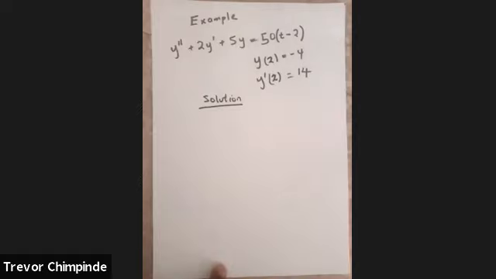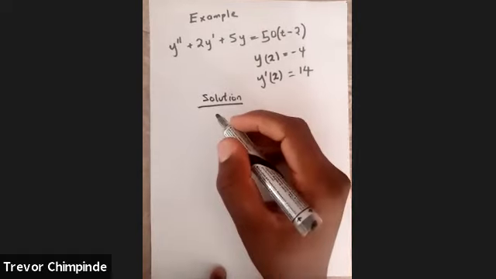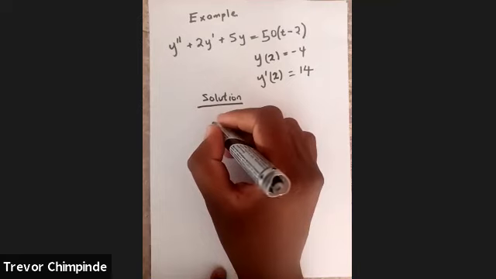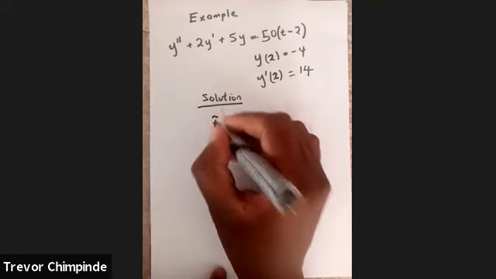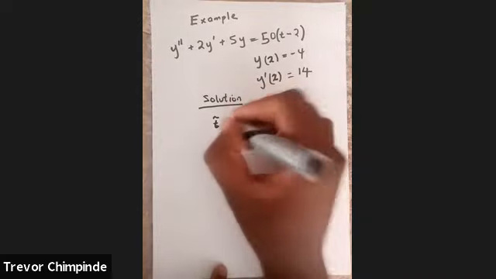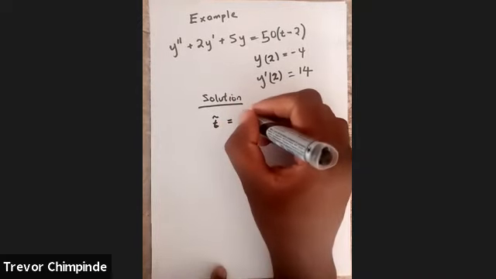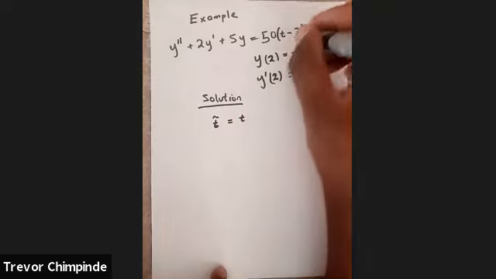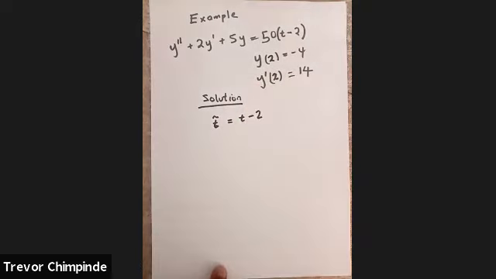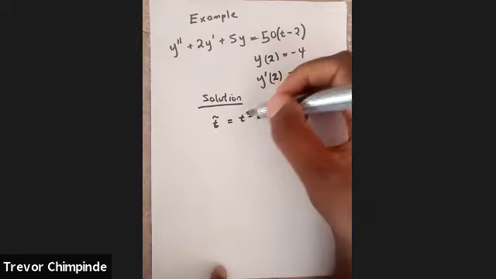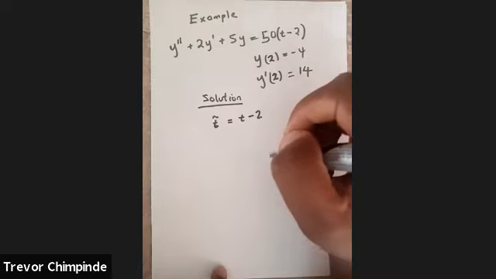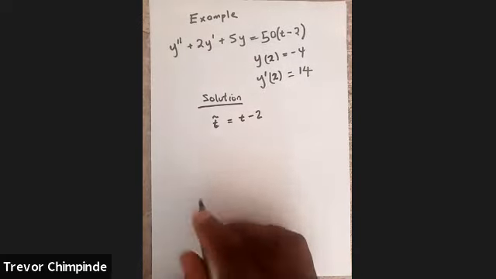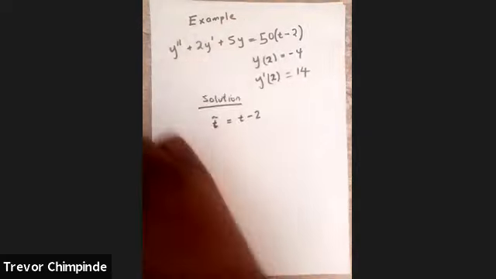So what do we do? Introduce another variable, let's call it t tilde. This variable is equal to t minus 2, so that when t is 2, t tilde is 0. And so we can change the nature of this function.